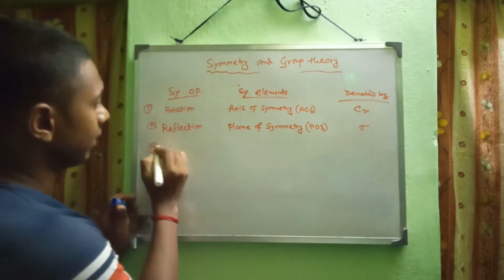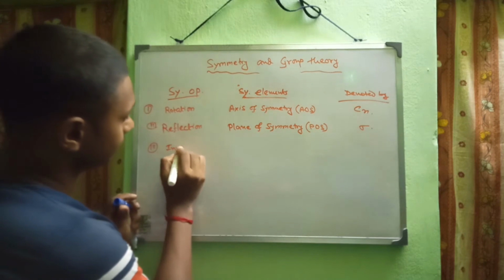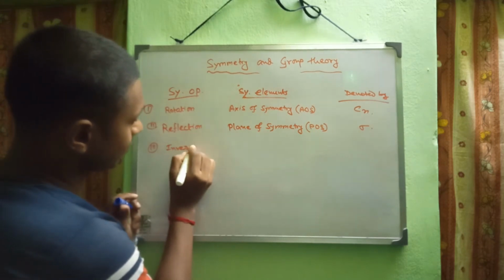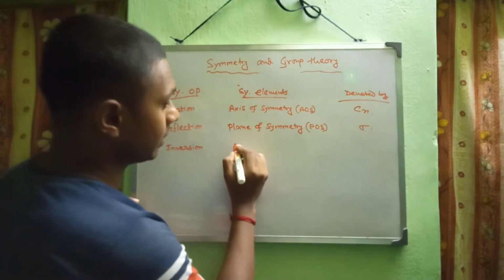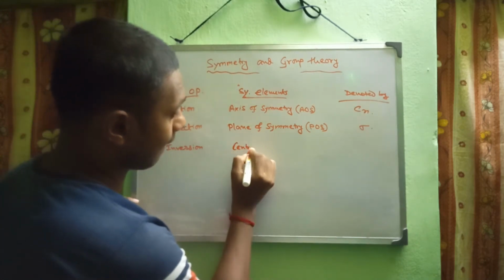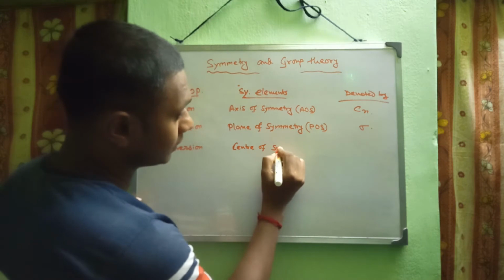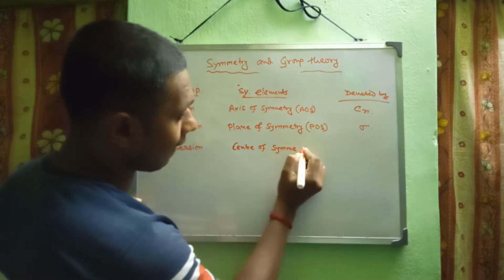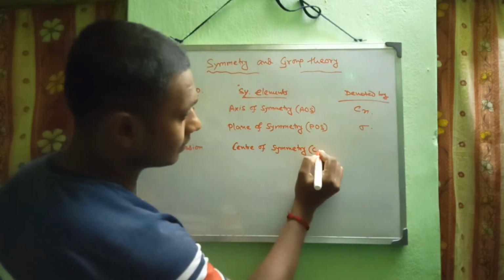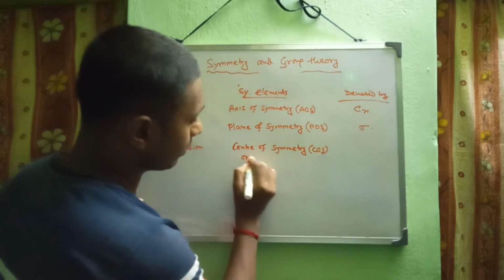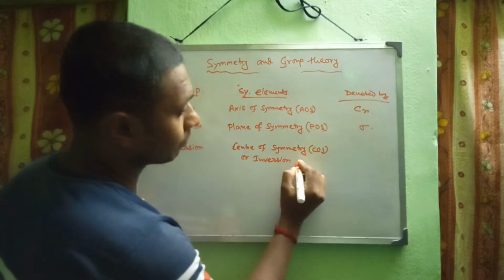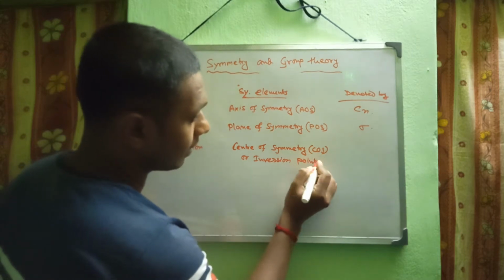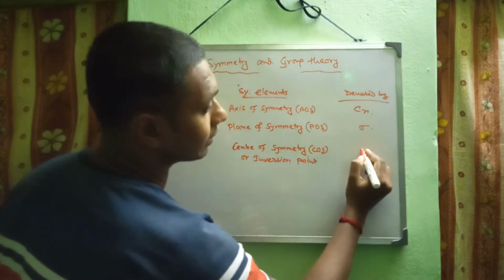Number 3 is inversion, and the corresponding symmetry element is called the center of symmetry, COS, or inversion point, and it is denoted by i.